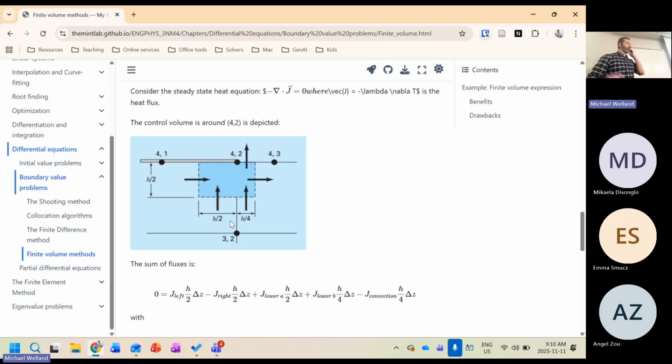So what that means is that the finite volume equations are going to be consistent with this heat flux through that side, the convective heat loss, as opposed to finite difference, which is, well, the gradient there is equal to it. Does that make sense? It's kind of a weird way to think about it.